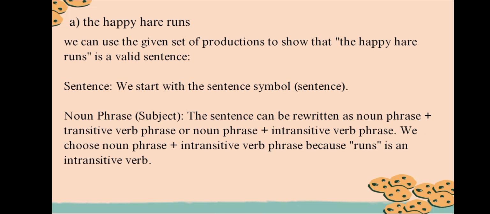We start with the sentence symbol. Sentence, noun phrase, subject. The sentence can be written as noun phrase plus transitive verb phrase or noun phrase plus intransitive verb phrase. We choose noun phrase plus intransitive verb phrase because runs is an intransitive verb.